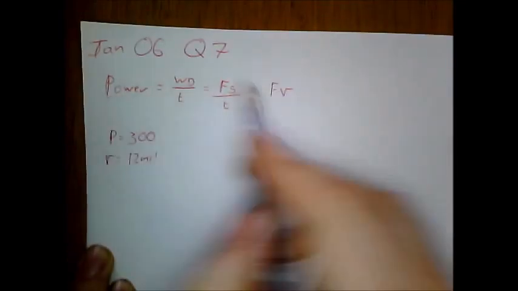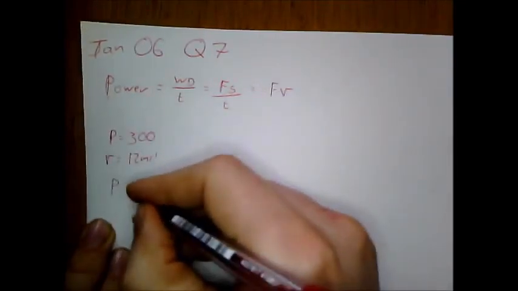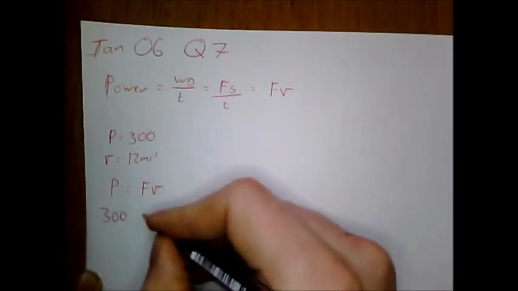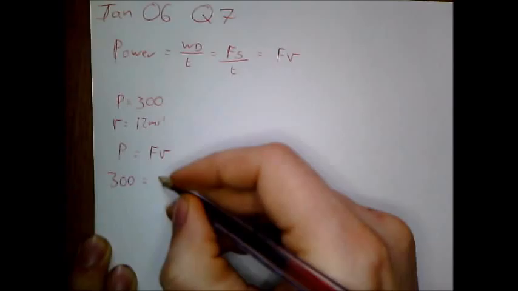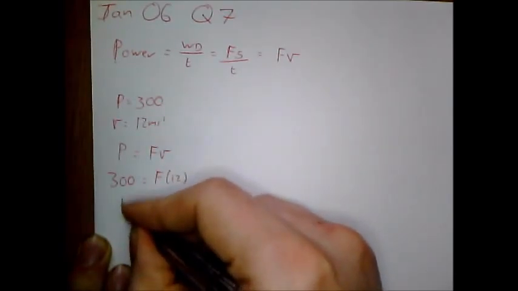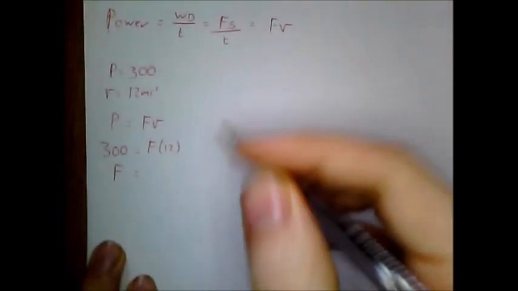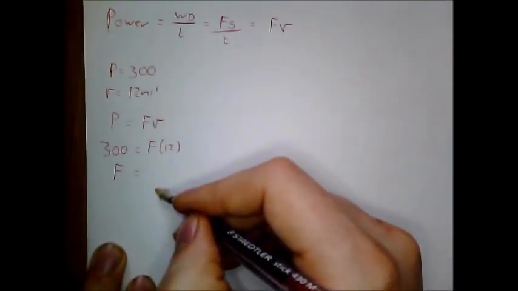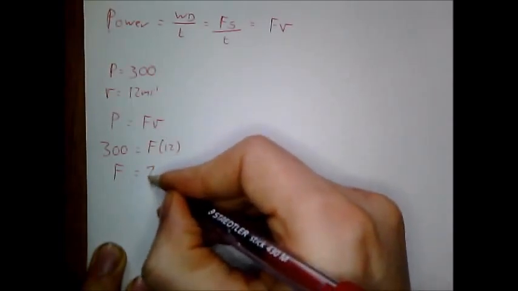So substituting this in, we have power equals FV, 300 equals F lots of 12. So the force that Marco is applying is 300 over 12, which is 25 newtons.